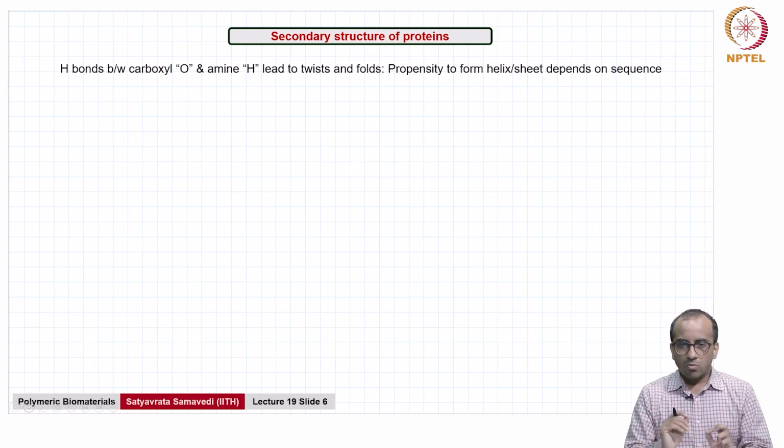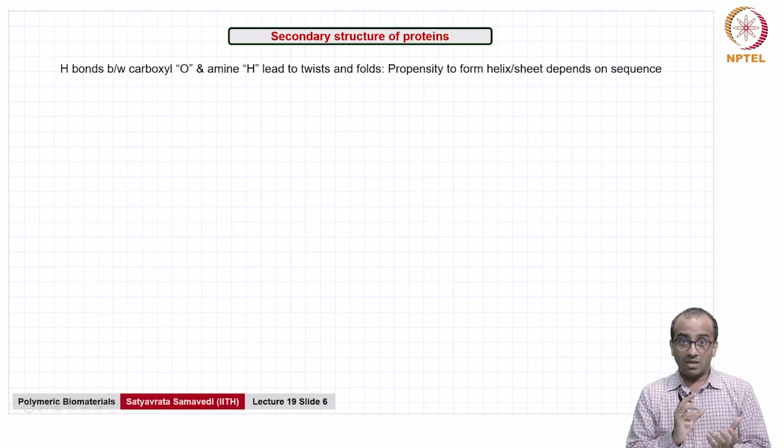Also, one thing to note is we saw a lot of carbonyls and amines, right. So, we saw the CO and the NH, both of them can participate in hydrogen bonding with water. But as a result of the hydrophobic residues being buried inside, some of these hydrogen bonding interactions with water are lost.